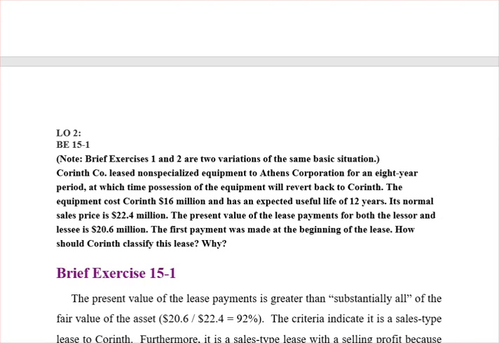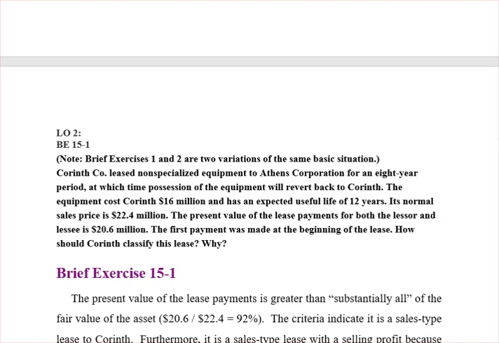The first thing to see in your problems is whether it is a capital finance or an operating lease. If any of those criteria are met, and the first one, the present value, is met here, then you have to call it a finance lease.